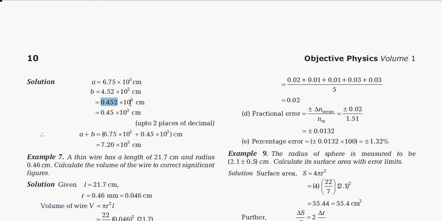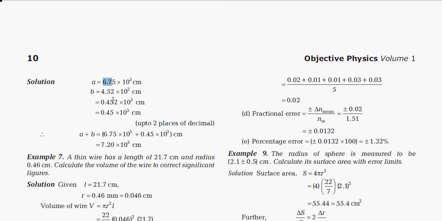The 10 to the power 3 in the b term and in the first term a is the same, so we can write this as 10 to the power 3. Now let's do the addition. So we'll have 6.75 in a and 0.452 in the second one. You have to remember one thing, that up to 2 places of decimal we have to consider.